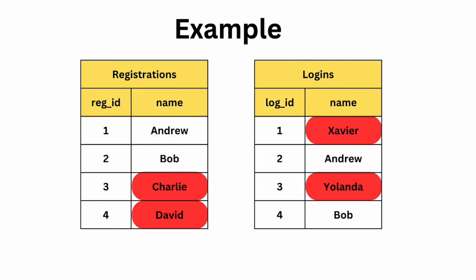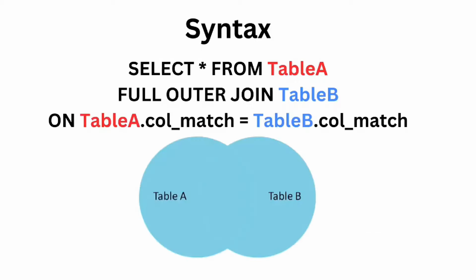We're first going to take a look at the simplest, which is a full outer join. And this actually might be even easier to understand than an inner join. An outer join, or a full outer join, just grabs everything. So the syntax is select all the columns from table A, do a full outer join of table B, on wherever that column match occurs, table A dot column match equal to table B dot column match.